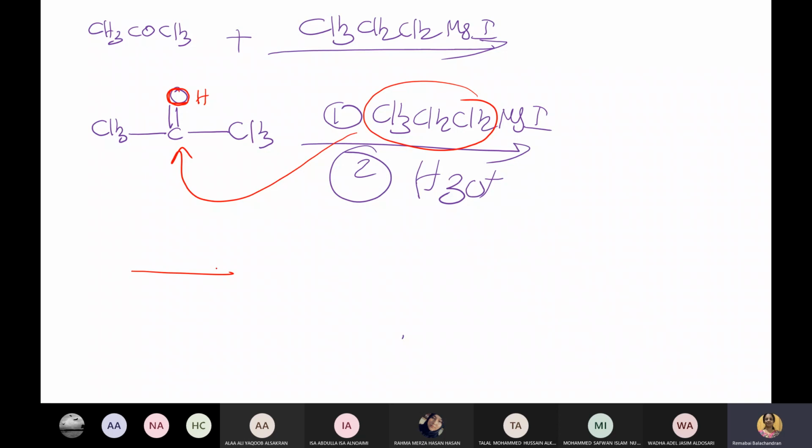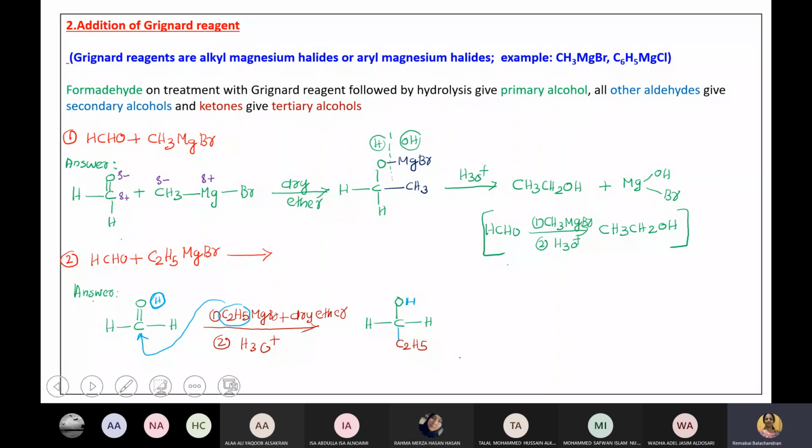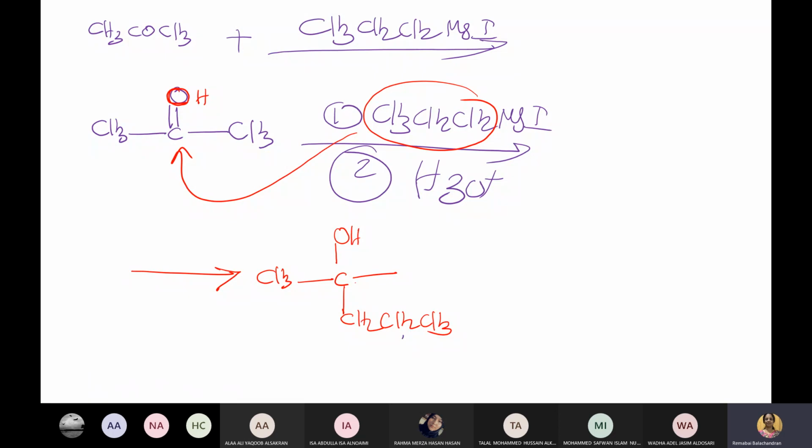Okay, so the product will be CH3, C, OH, CH2CH2CH3, and CH3. Don't write CH3CH2CH2 on that side; it should be CH2CH2CH3. Valency should be satisfied.